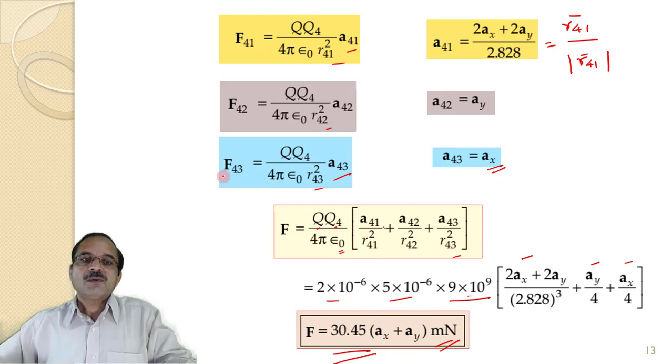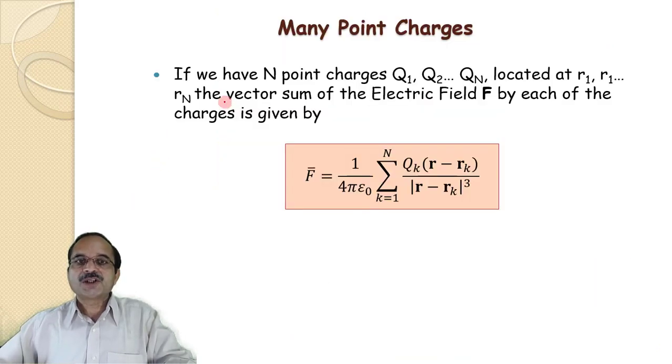So this is how we can find out the force on one charge because of many point charges. Basically this is application of the superposition theorem. Like this, if I have n number of such charges, Q1, Q2 and so on up to Qn, then we can add the forces because of all these charges.